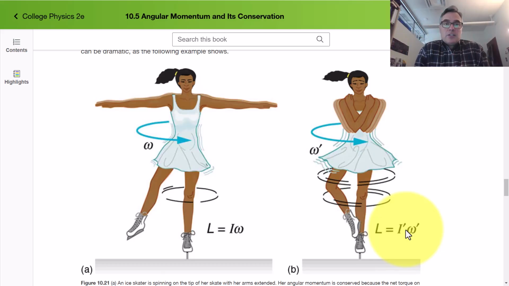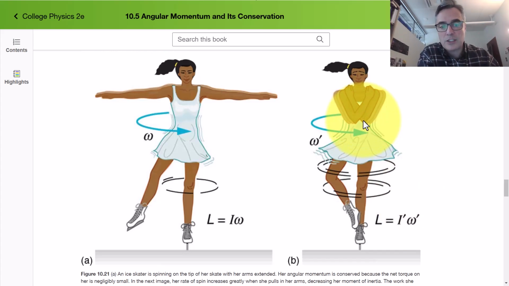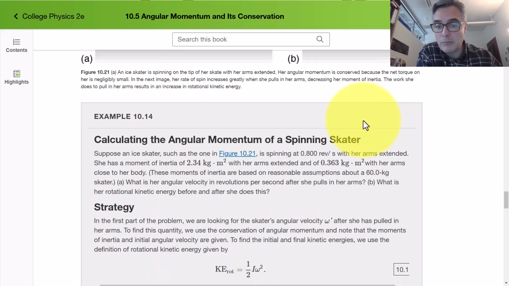More mass now is concentrated towards the axis, so I has decreased, but there's no net external torque, or not much, so L, the angular momentum, is conserved. So in order to compensate for I prime being less, omega prime has to be bigger. What's omega? Omega is that spin rate, the angular velocity. So she ends up spinning a lot faster with her arms in, due to conservation of angular momentum.